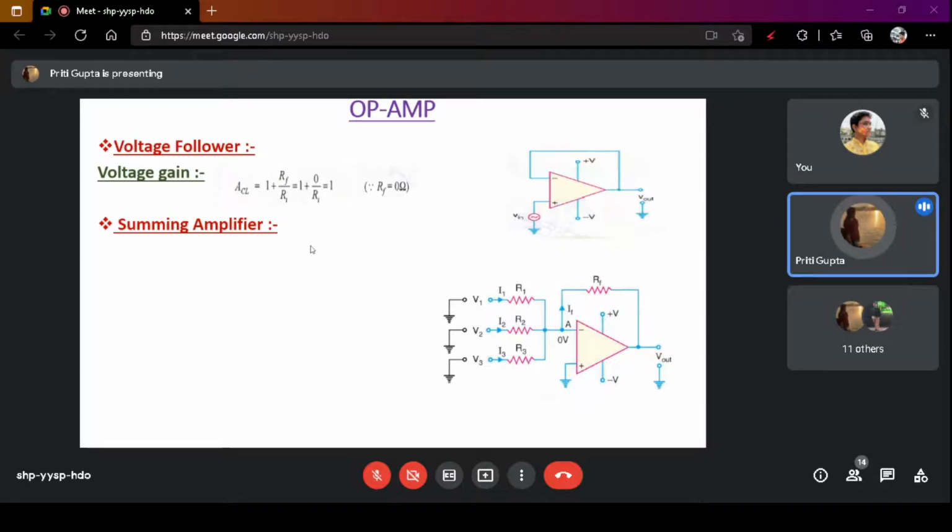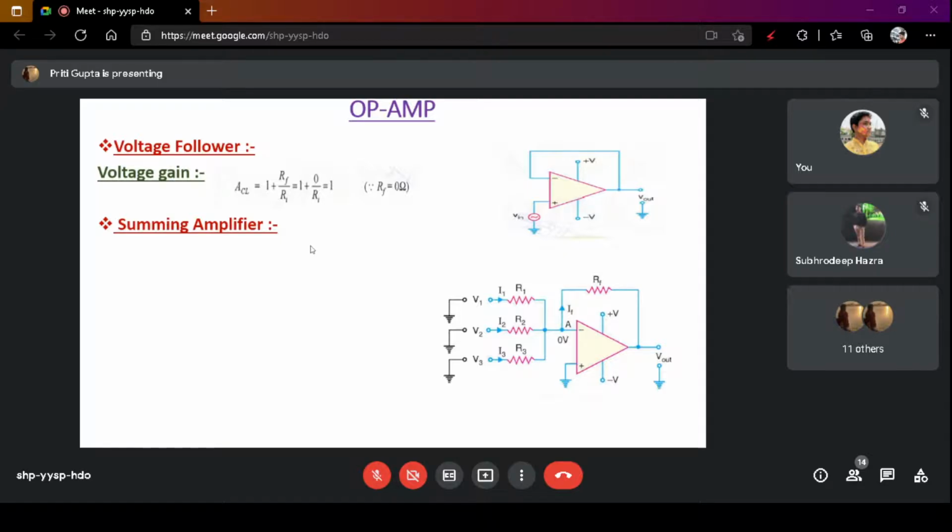And in the output terminal, you will get the summation of all the voltages which we are giving in the input terminal. But it will be inverting, since we are giving the supply voltage in the negative terminal, and it will add all the voltages we are giving. Is that clear?